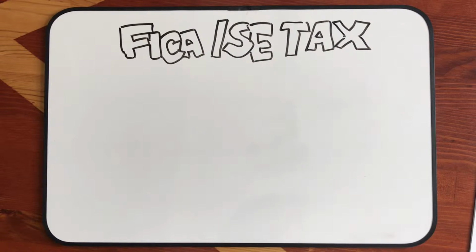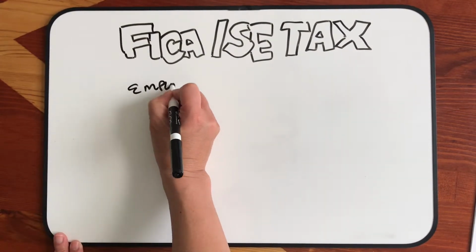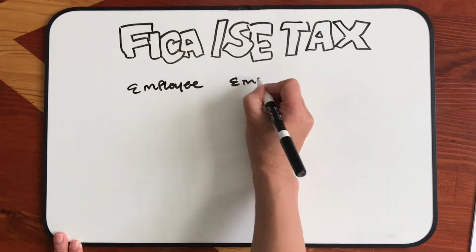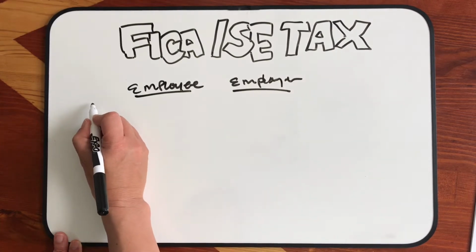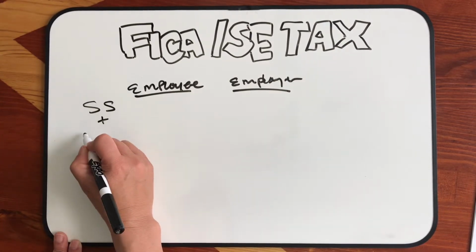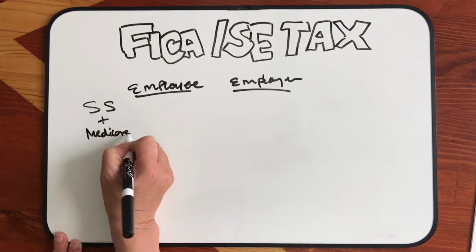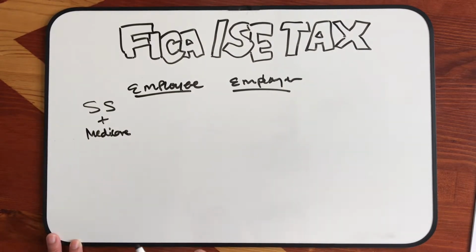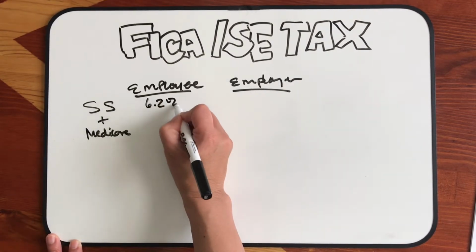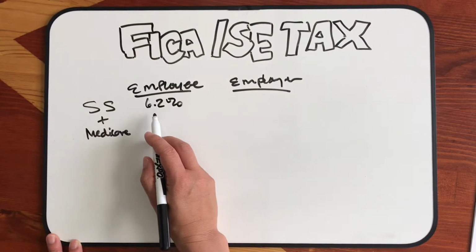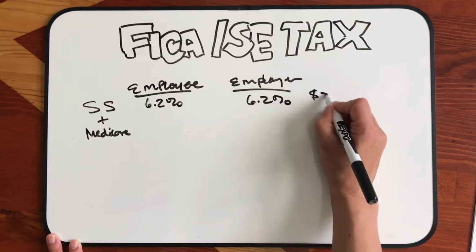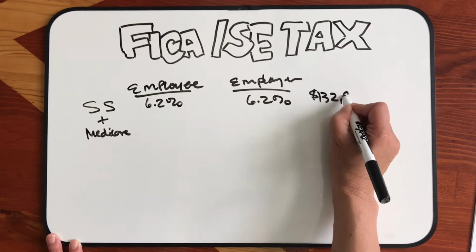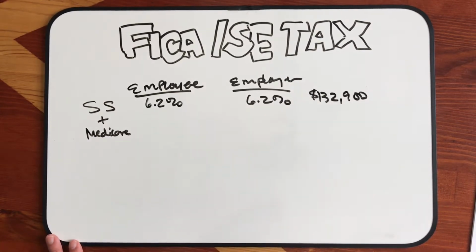When you are an employee of a company, both you and your employer contribute to your FICA, which consists of Social Security and Medicare. You each contribute 6.2% of your wages to Social Security on the first $132,900 of your wages.